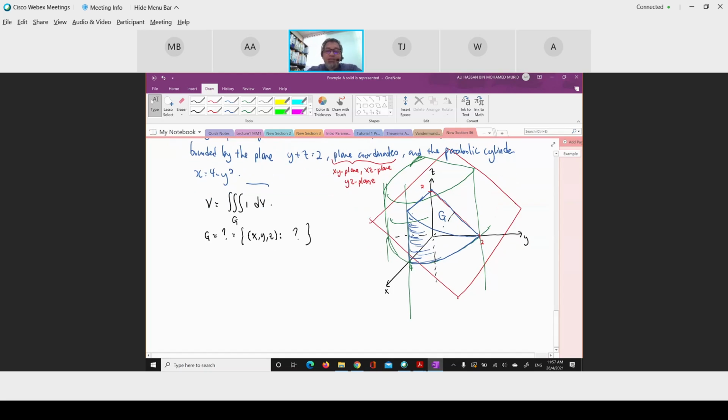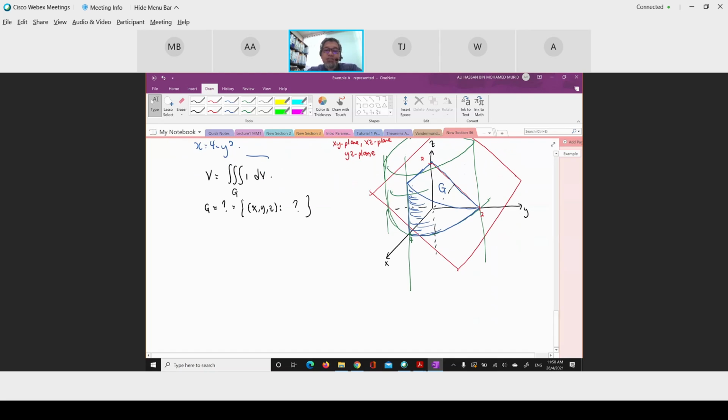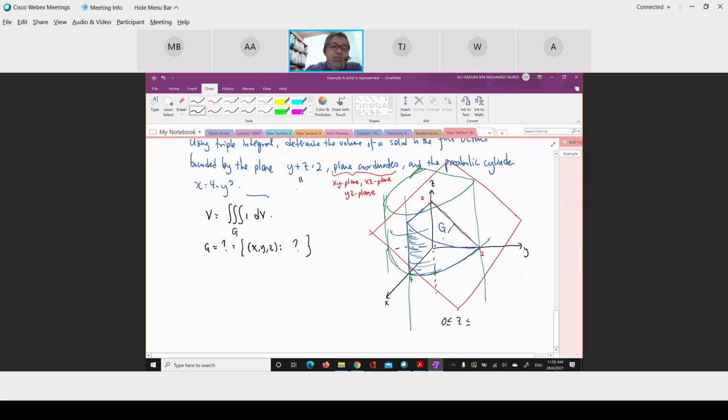Now we determine the bounds. Of course, how can one determine the bounds for G without the correct sketch of G? It is now clear from this diagram that z is bounded below by the xy plane, so z is greater than 0, and above by the plane z equals 2 minus y.